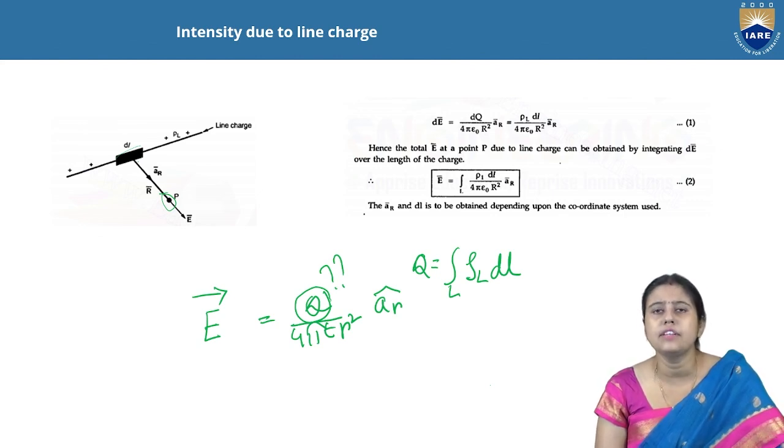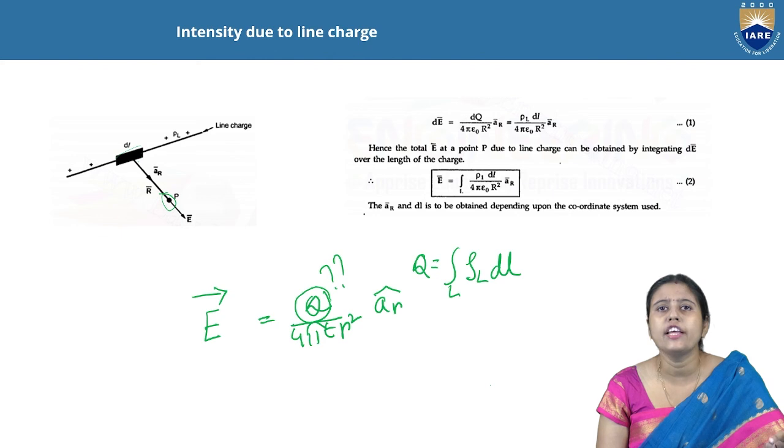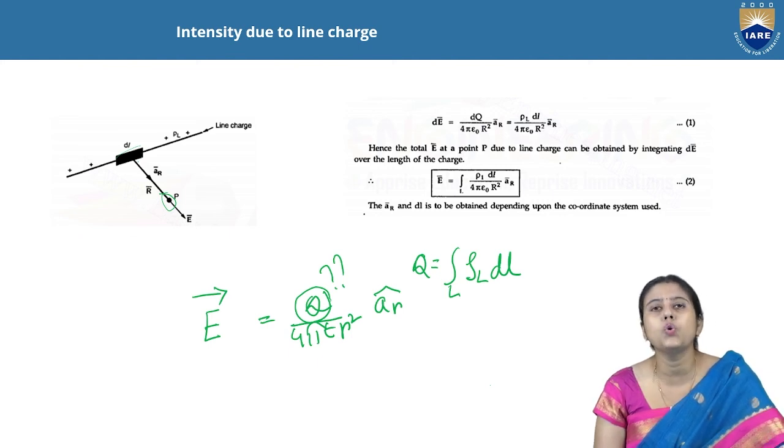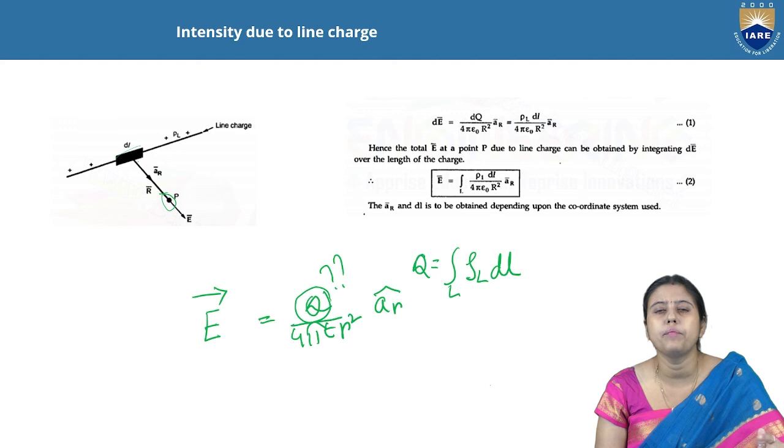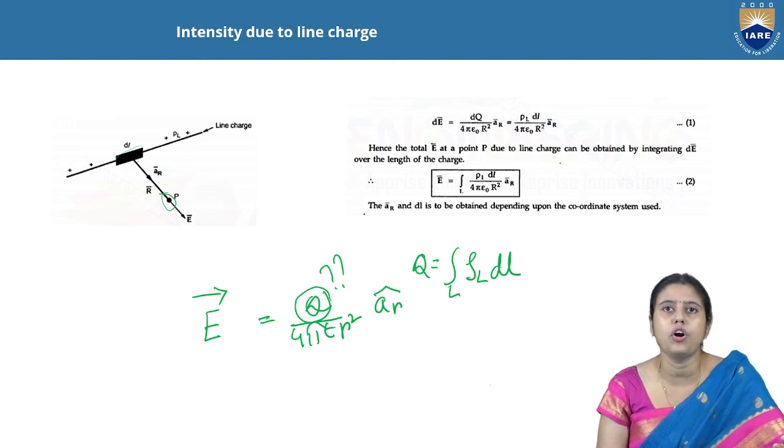Surface charge means the charge per unit surface area. We write it in coulomb per meter square. And third one is the volume charge. Volume charge we can write as charge per unit volume. Its unit is coulomb per meter cube.